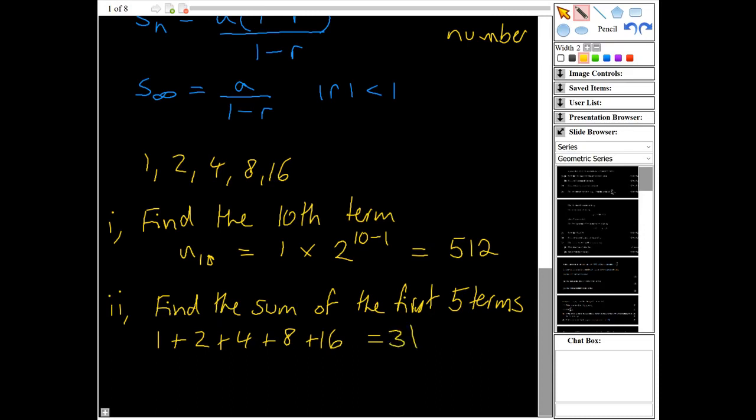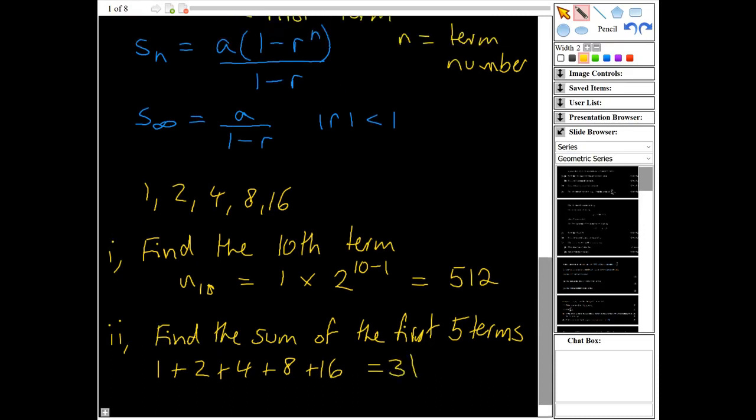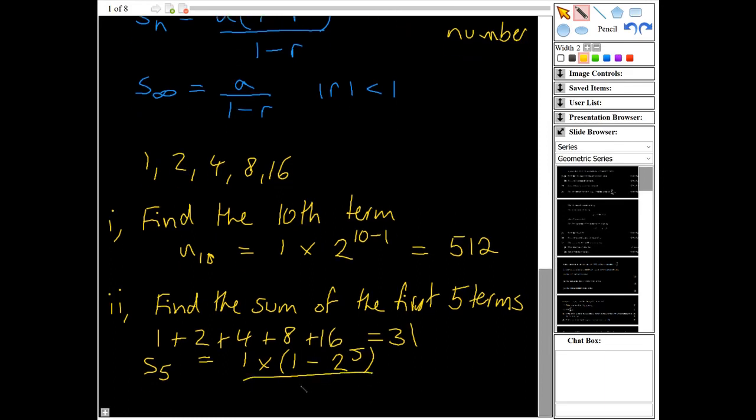Okay, so I should get the same if I use the equation. So the sum of the first 5 terms, S5, should equal a, which is 1, multiplied by 1 minus 2 to the power of 5, and then that needs to be divided by 1 minus 2.